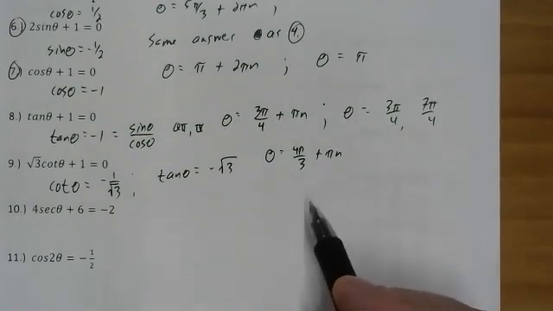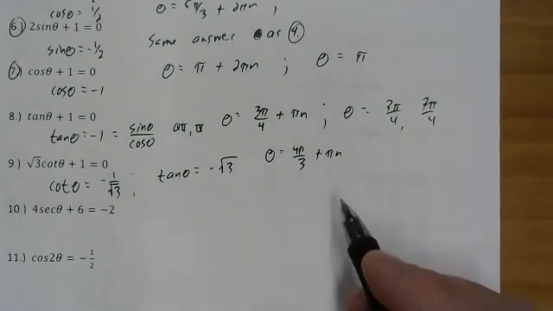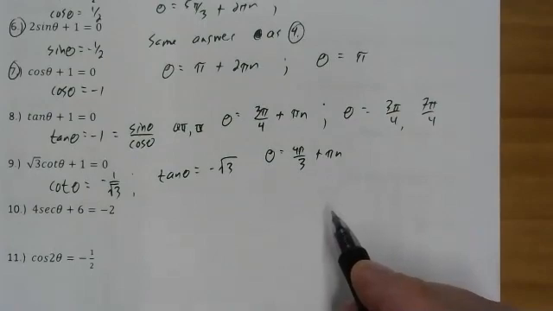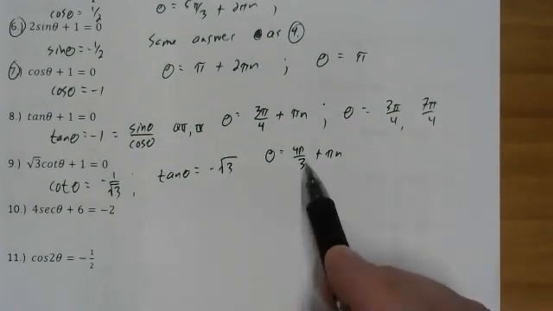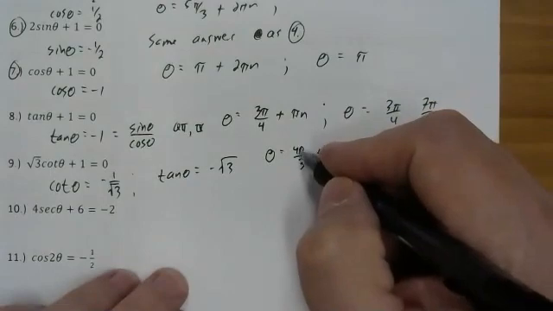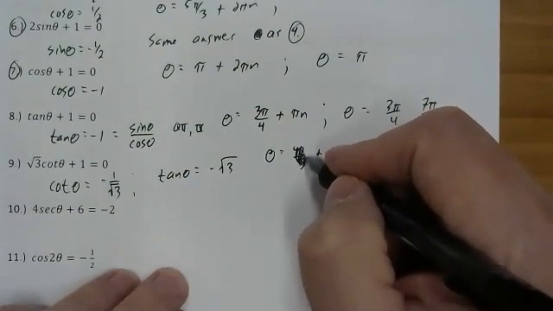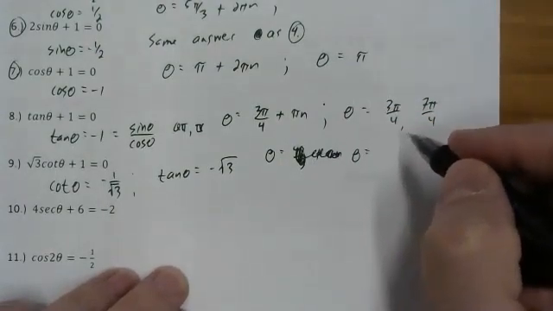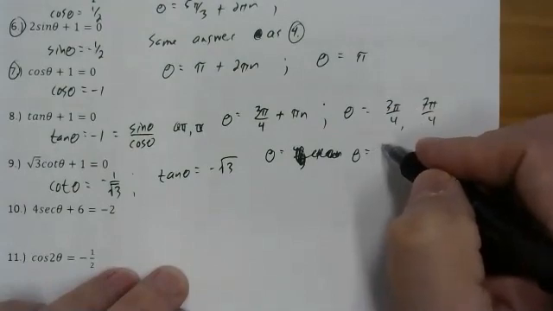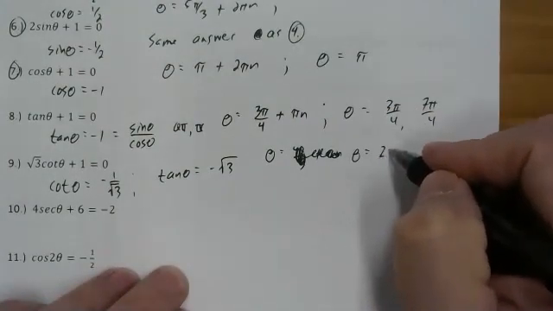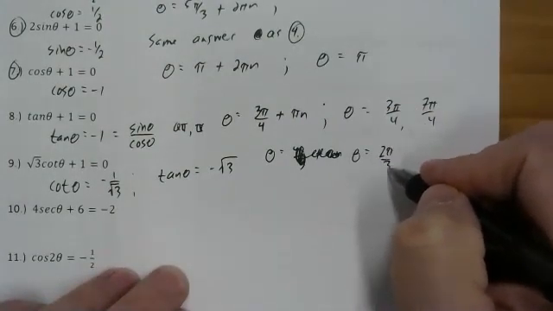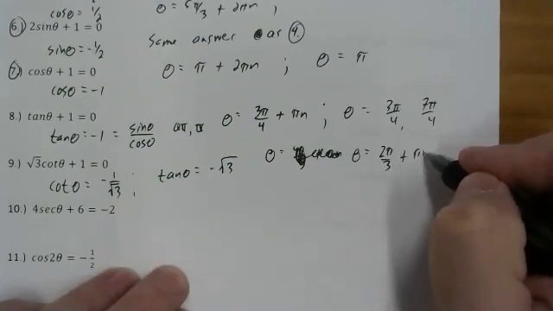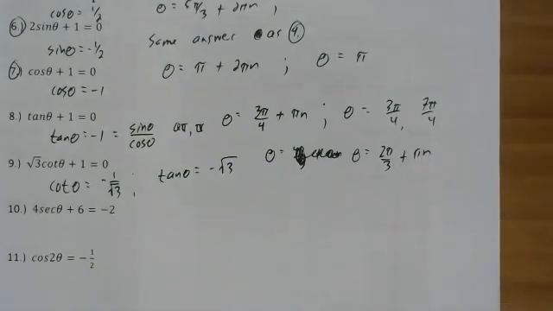Let me think about it. Oh, sorry. In quadrant 3, the tangent is actually a positive number. Maybe some of you thought that when I wrote this answer. Actually, the tangent's negative in quadrant 2. So it's 2 pi over 3 plus pi n.